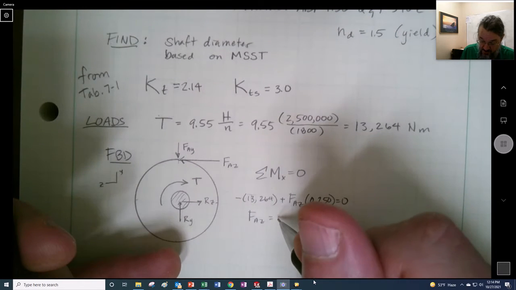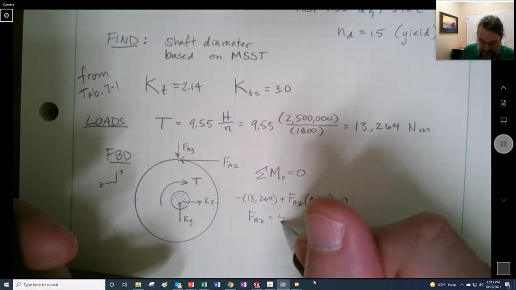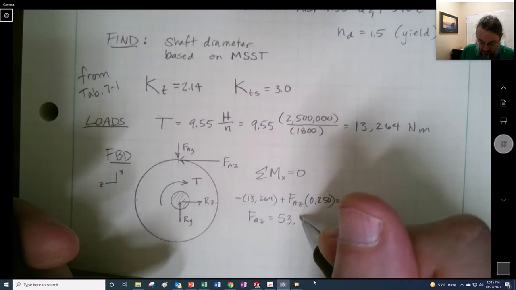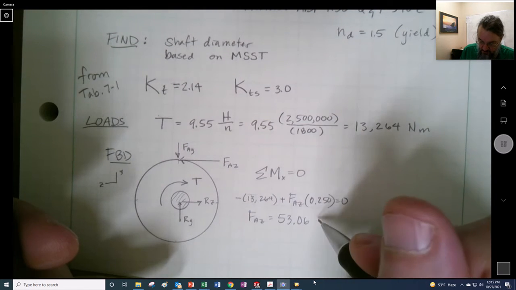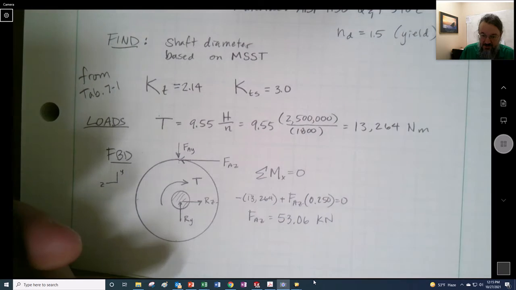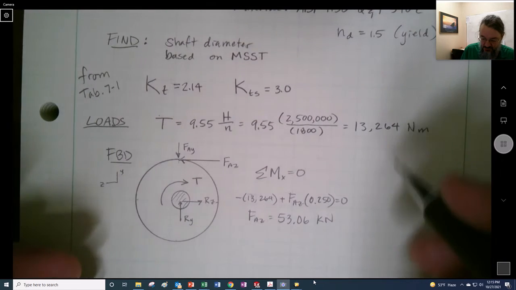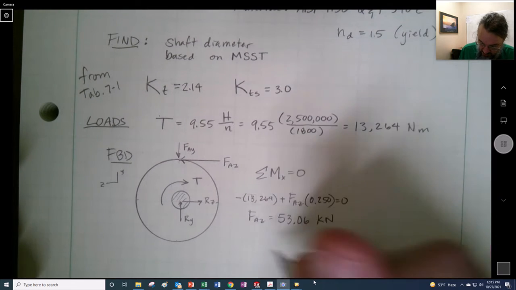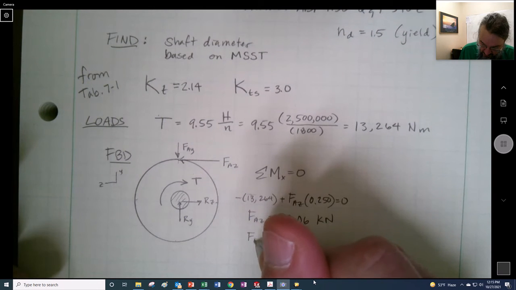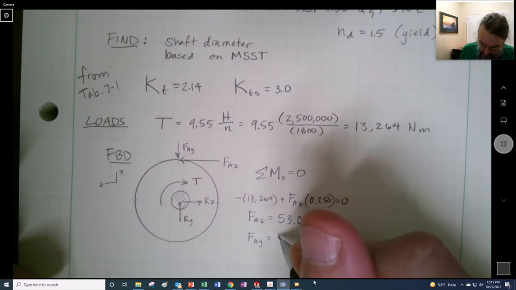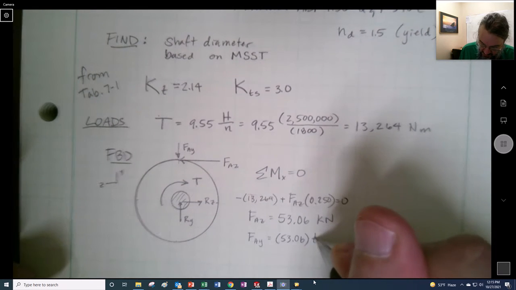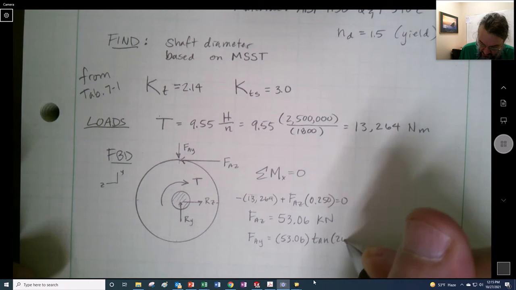Yeah, 53. I could turn it into KSI so I don't have to write down a whole bunch of trailing zeros. I don't know, did that save any time at all? I'll put it over here. We could find that, or do it underneath. FAY is just going to be this times the tangent of 20 degrees.